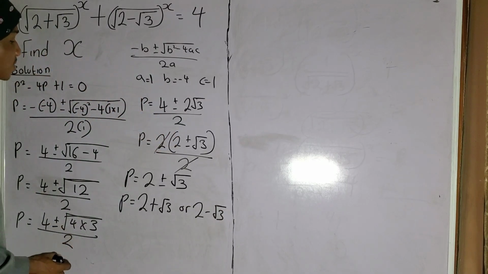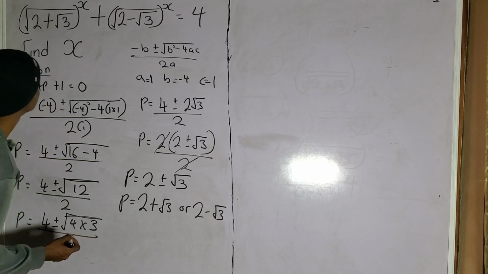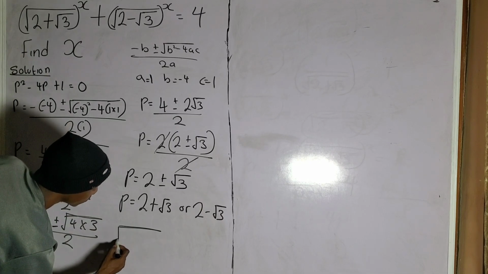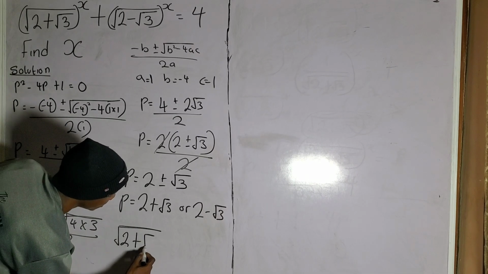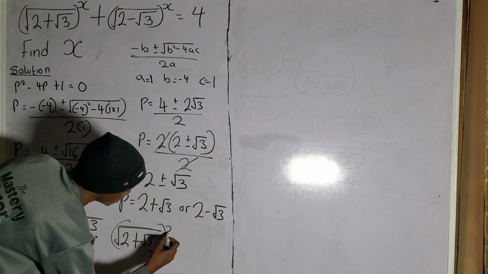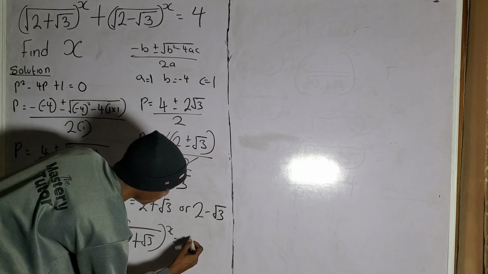Okay, now don't forget that we have already said let square root of 2 plus root 3 raised to the power of x be equal to p, right?